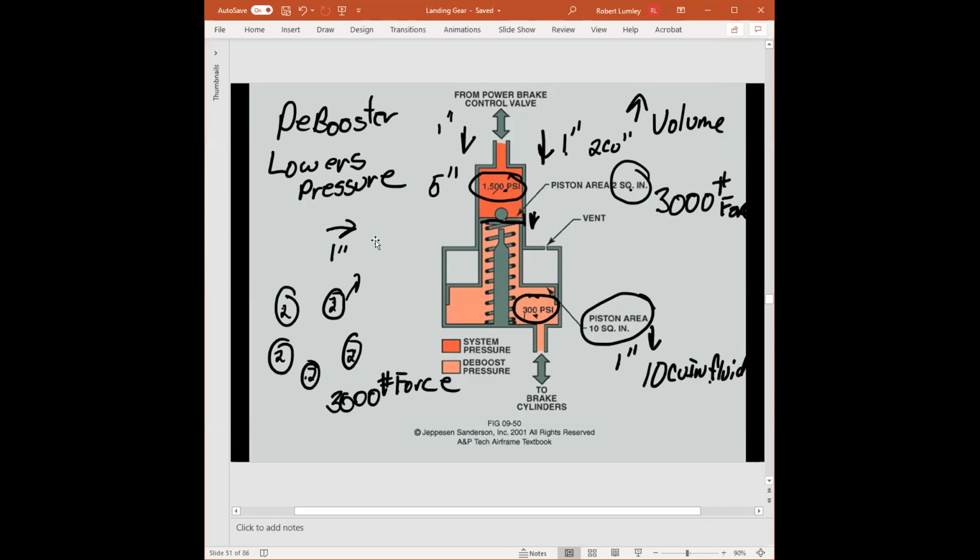And I believe they want to lower the pressure and to release the brakes more rapidly. Something like that. No, to me, it's totally wrong. The purpose of the debooster is so that the brakes can be actuated and released more rapidly.